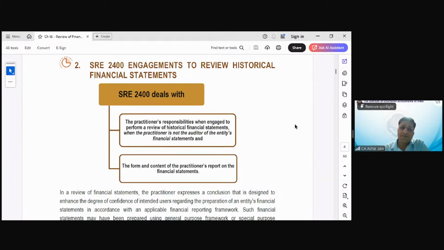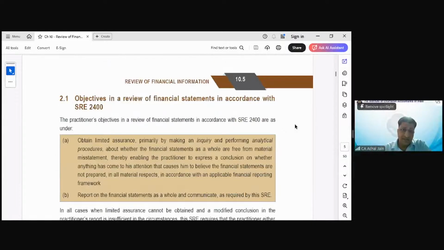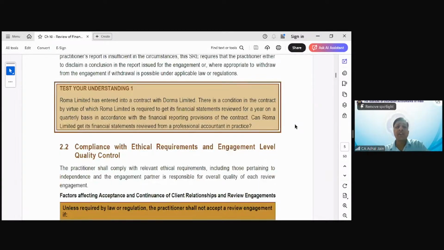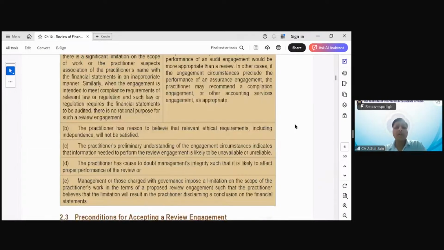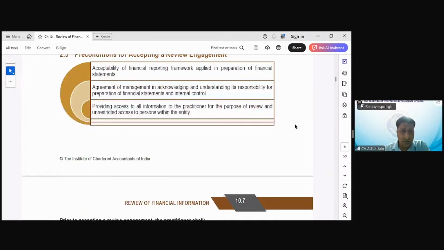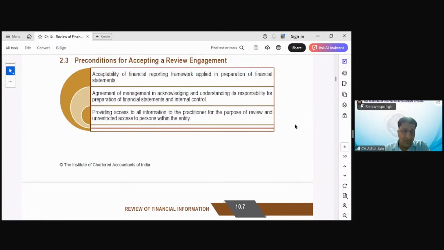Okay. Now, in this case, because it's a review, so that's why what will you have? Limited assurance. Correct. And because it's a review, so definitely some level of reporting will be required. No doubts about it.